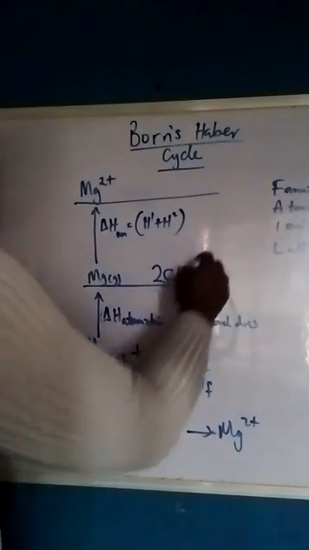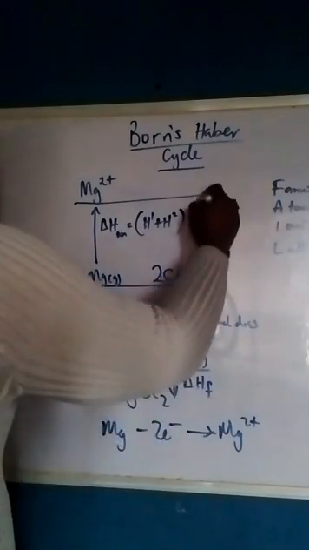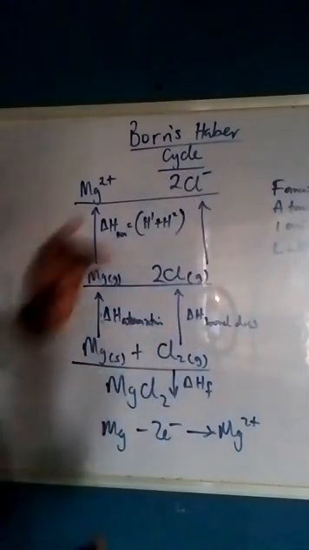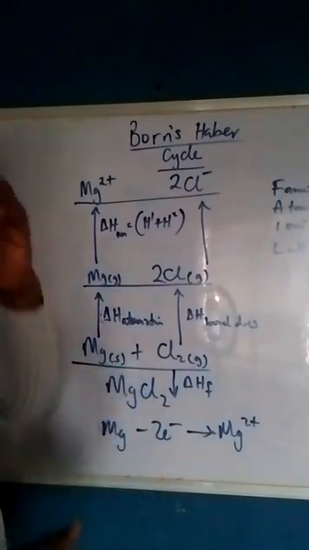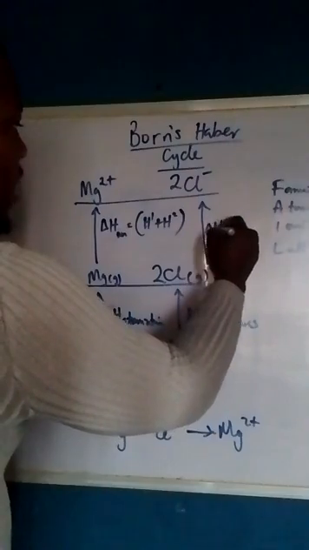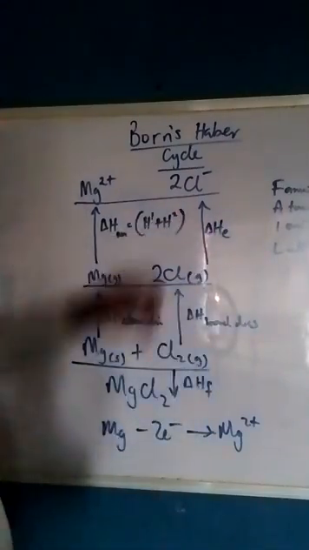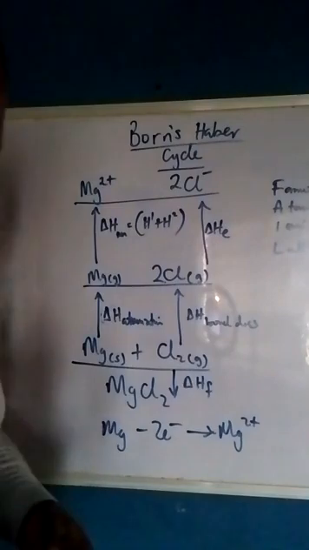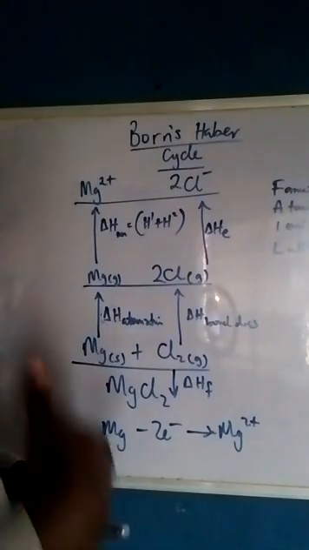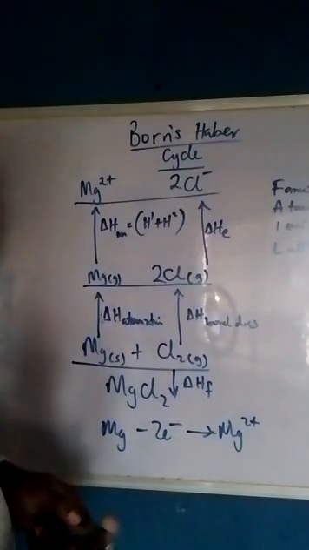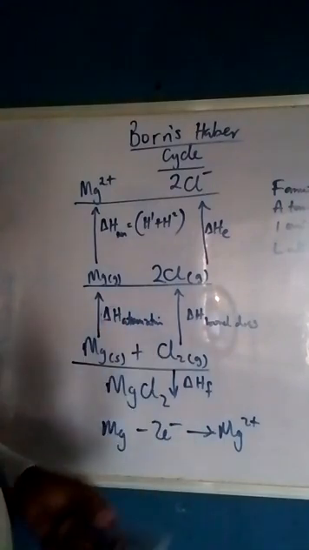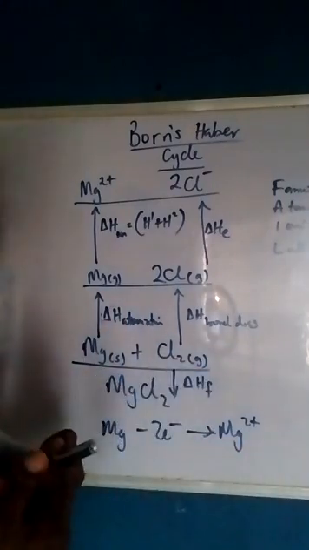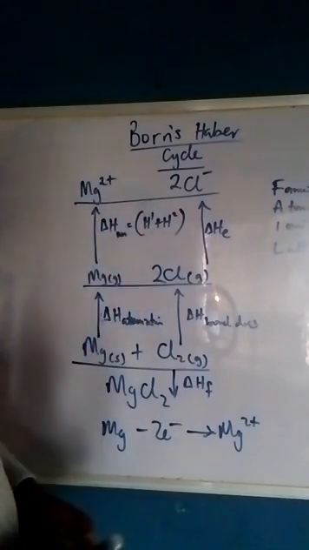Now in this case, the chlorine will also be ionized. But chlorine only needs one electron, and this is called electron affinity. Electron affinity is the energy released whenever an atom in gaseous state attracts an electron to become a negatively charged ion.